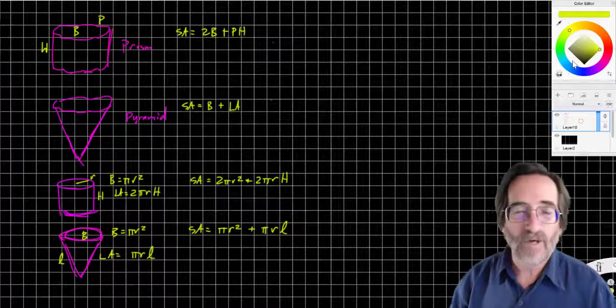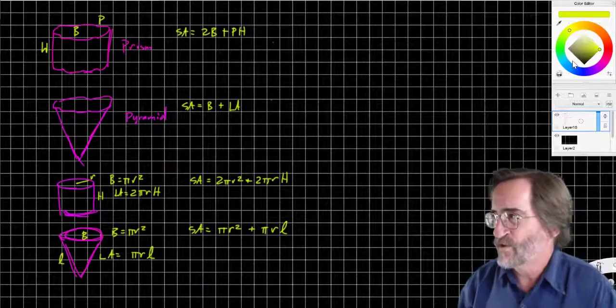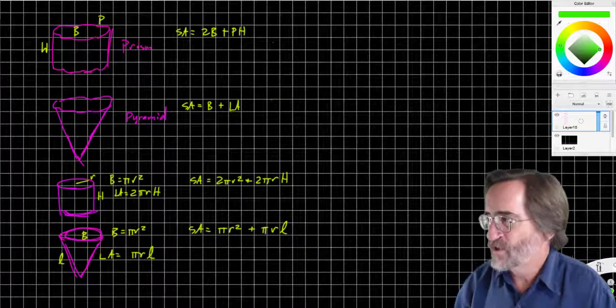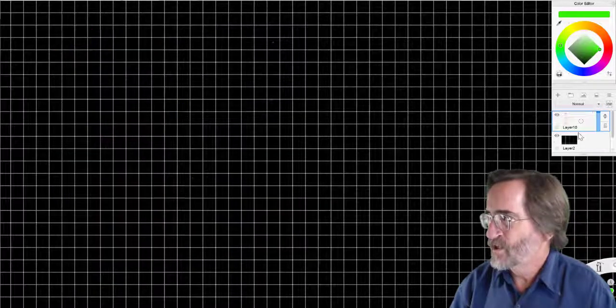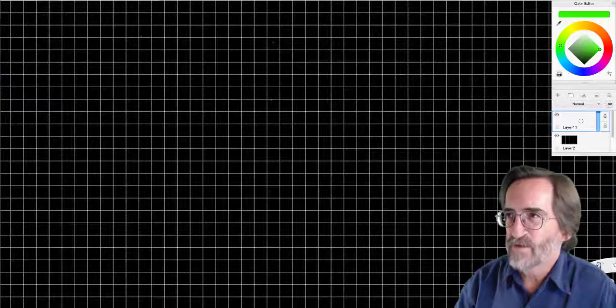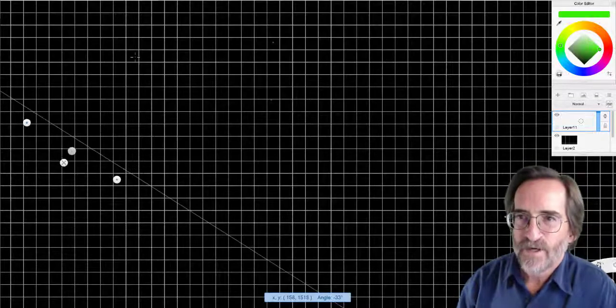I'm going to do a square-based pyramid, and I'm going to do the surface area of a cone. Let's be efficient here because that's a lot of material to get through. So let's grab a new screen here. Let's talk about a square-based pyramid. Now I'm going to draw the pyramid right side up.